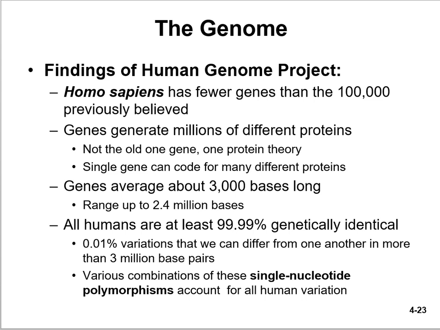That's 0.01% variations that we can differ from one another with the more than 3 billion base pairs that we have in our DNA. The various combinations of those single nucleotide polymorphisms or differences account for all of our human variation.